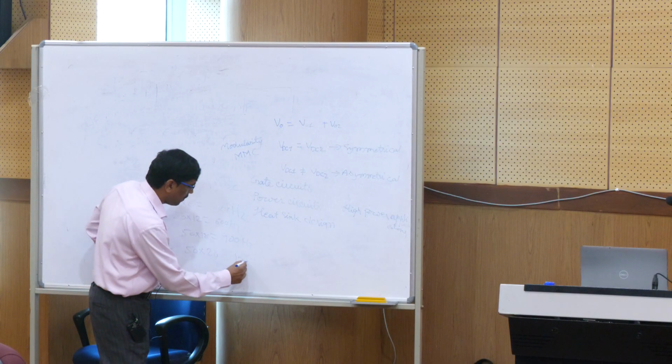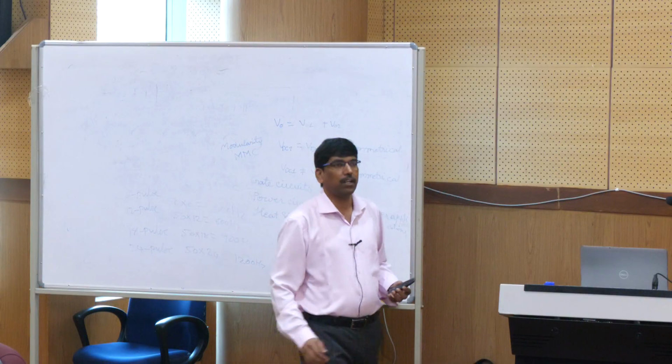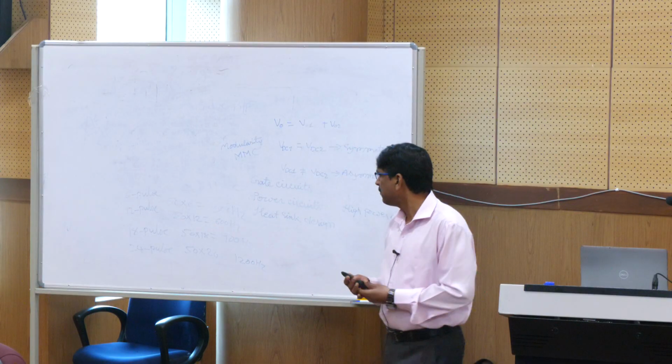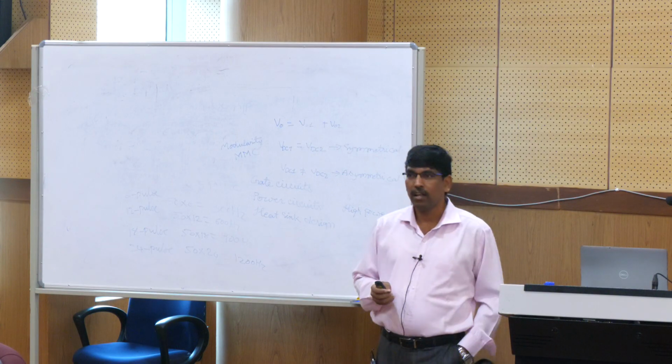1200 Hz. Yeah, fine. So in the case of this kind of high power application, we are going to make use of either an 18 pulse or a 24 pulse rectifier.